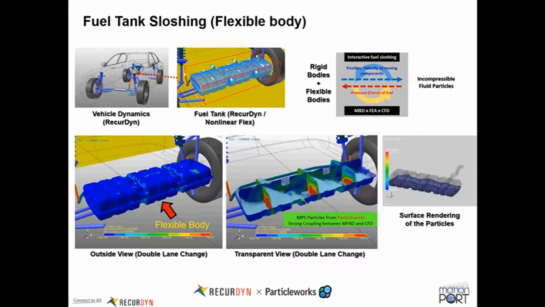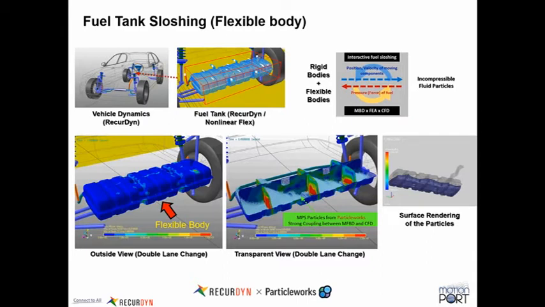Okay, thank you. And that's using GPU also, isn't it, for ParticleWorks? There are two options. One is GPU, and you can now do multiple GPUs in co-simulation with Recurdyn and ParticleWorks. The other option is, if you have a high performance computing cluster with many CPUs, that also can be very effective.